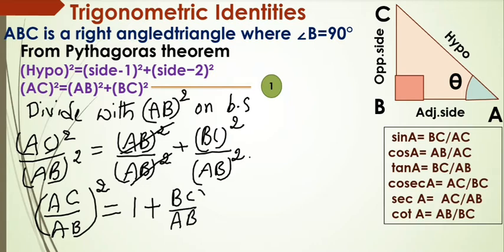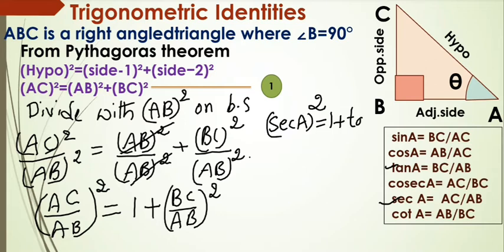And observe the AC by AB, here we can consider this as secant A, and in place of BC by AB we get tan A. So just replace those values. AC by AB means secant. So we get secant A whole square, which is equal to 1 plus tan A whole square.